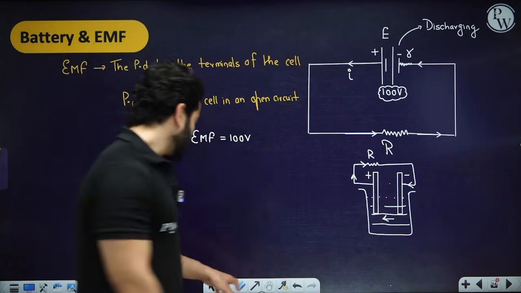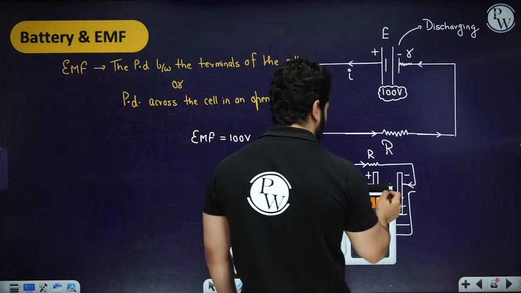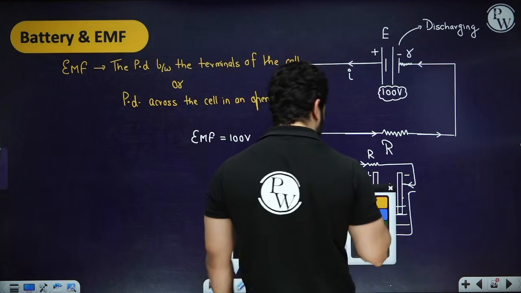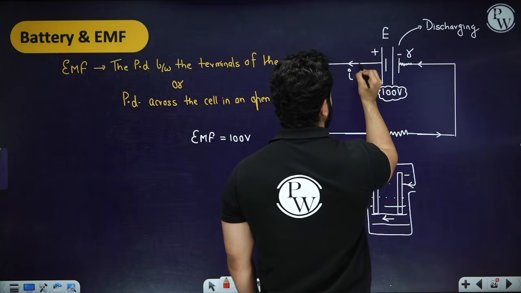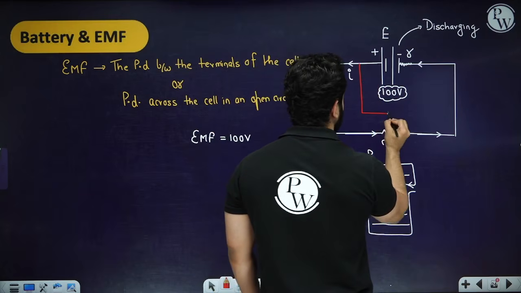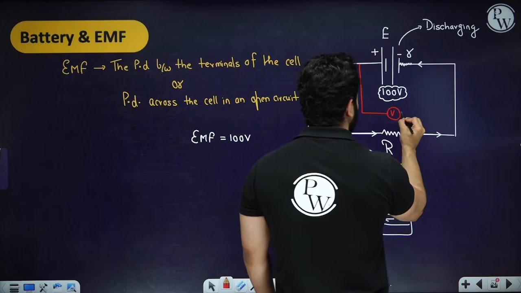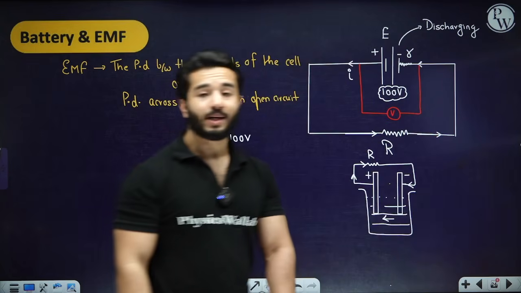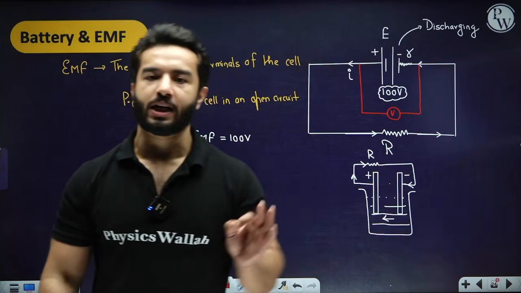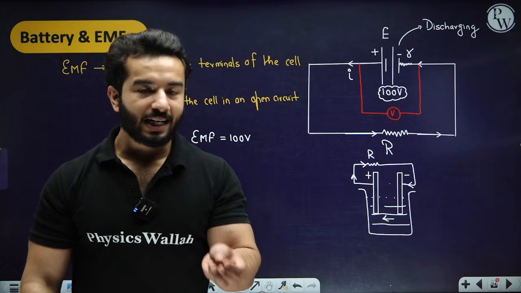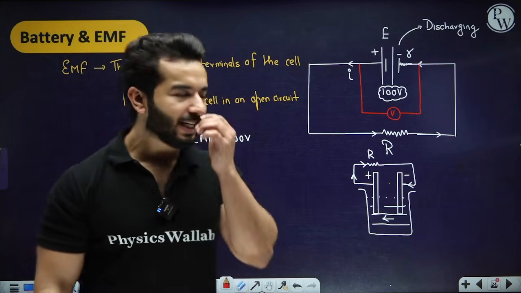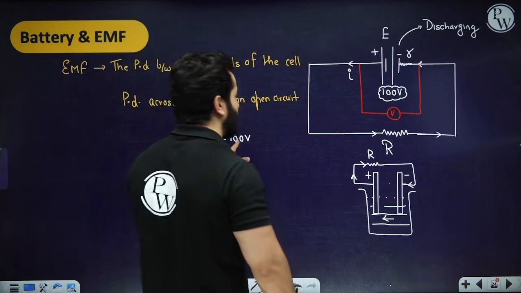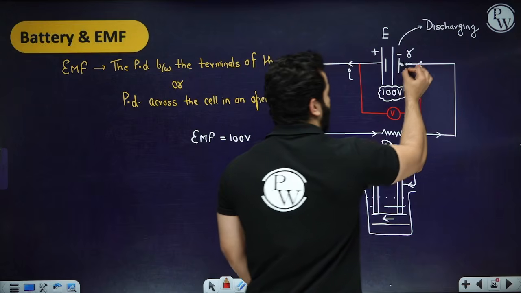And now let's say you ask me, sir, does this mean that if I use a voltmeter, something like this, will this voltmeter give me a reading of 100 volt or a little less than that? The answer is, this voltmeter will not give you a reading of 100 volt. It will give you a reading a little less than that. The reason is, out of this 100 volt, there is also a potential drop at R.